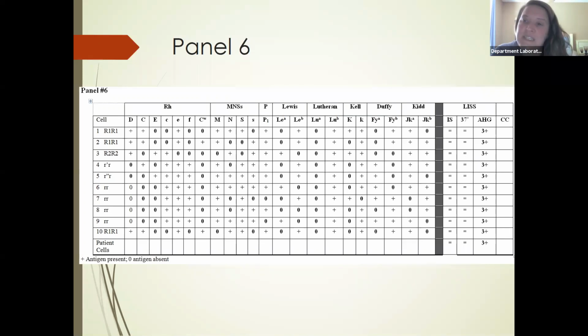So one of your questions asks, are you likely to find compatible units? Well, keep in mind, everything is reacting, right? Your IAT was positive, your panel is positive, and when you do your DAT, it's going to be positive with polyspecific AHG as well as your monospecific IgG. All right, your complement reaction is variable.